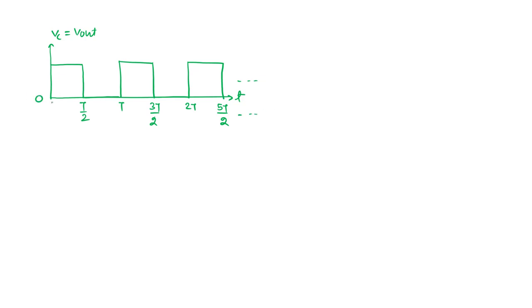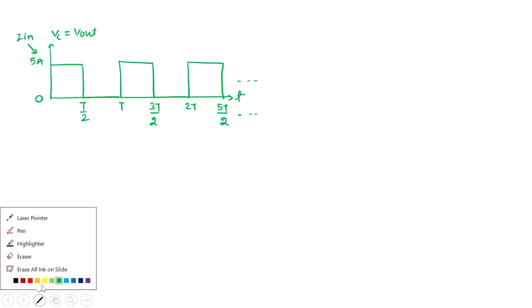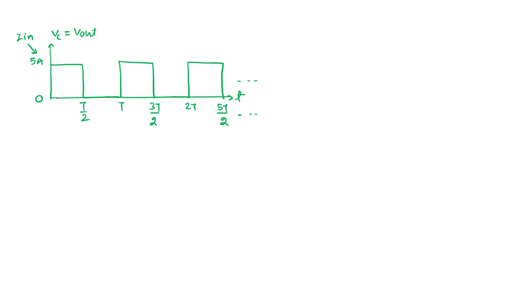Okay, 0. This is my 5 ampere. It is nothing but IN. On that only I want to plot my V out. What I mean to say, I told that from 0 I reached somewhere here. This value I call 1 volt. I will write here only. This is only 1 volt.